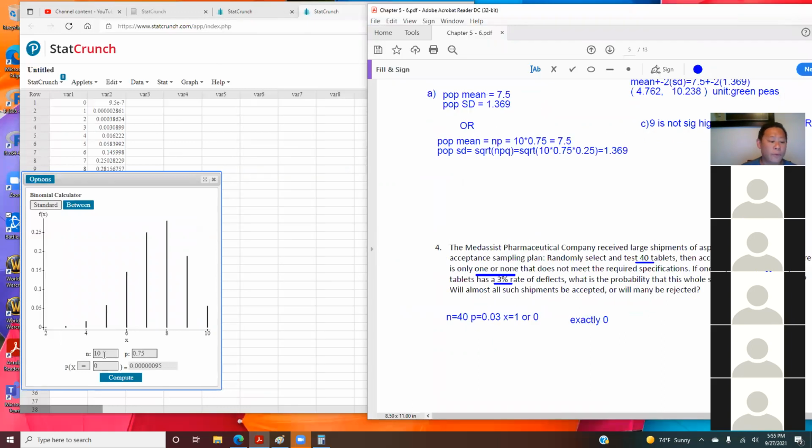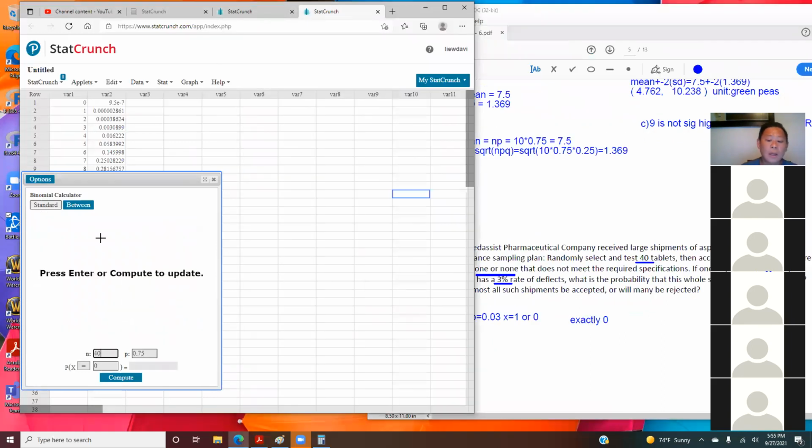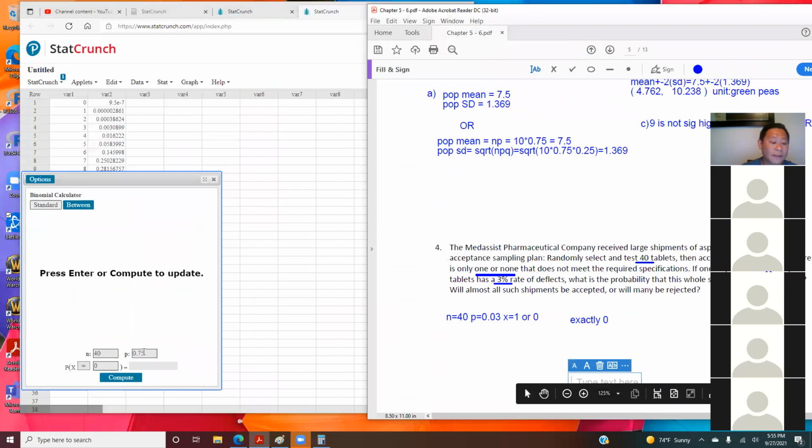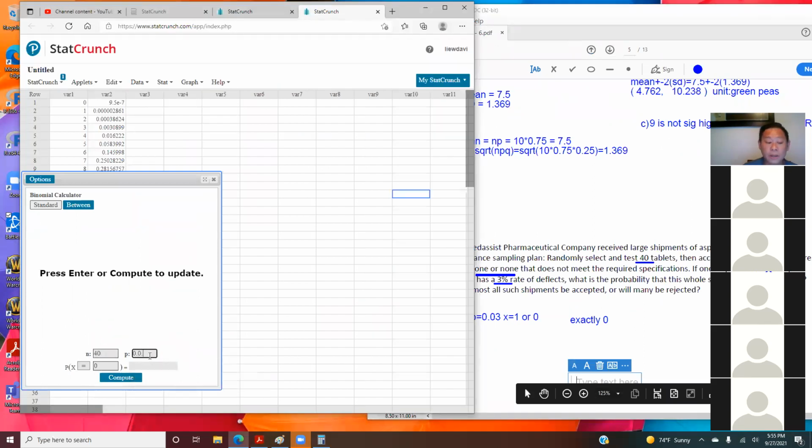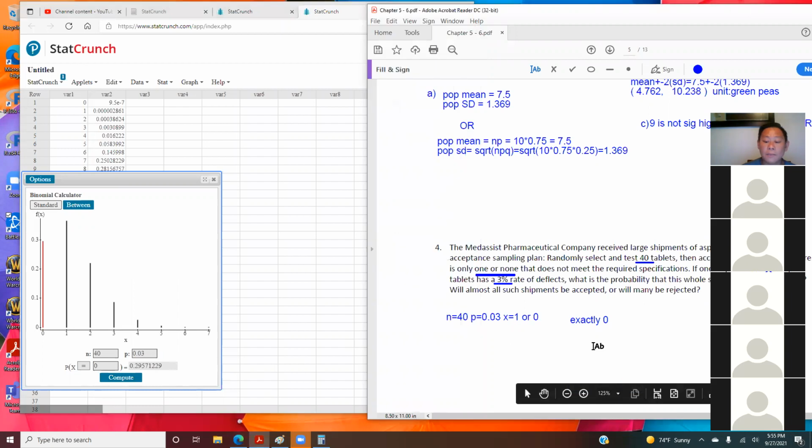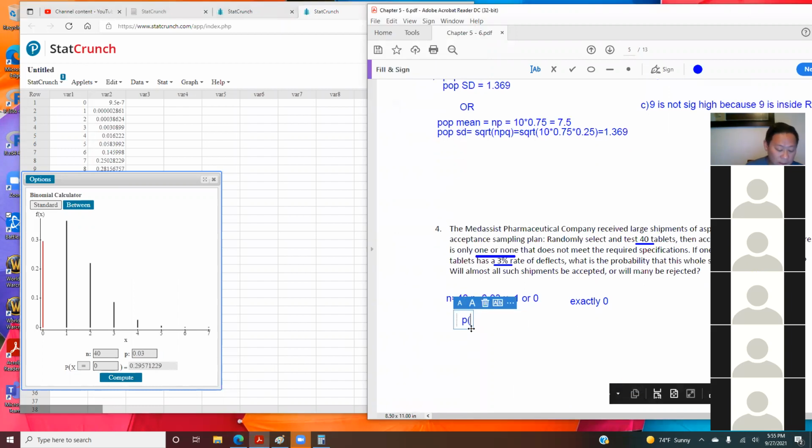Probability of defect is 0.03. Exactly 0 is this one. So that probability is 0.2957. This is for exactly 0.